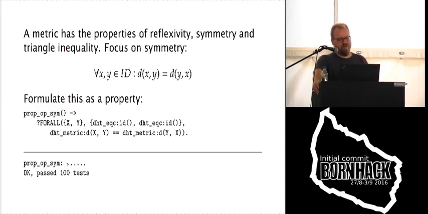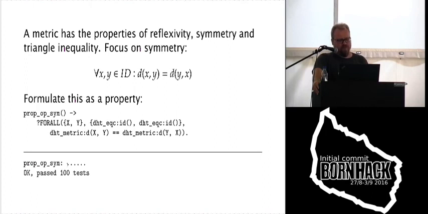In this case, I ran 100 test cases, which take like 2 milliseconds. And then it has verified this. Of course, inside the full model, you would also verify reflexivity and the triangle inequality and other stuff. So this is an example of how you verify simple properties in QuickCheck.